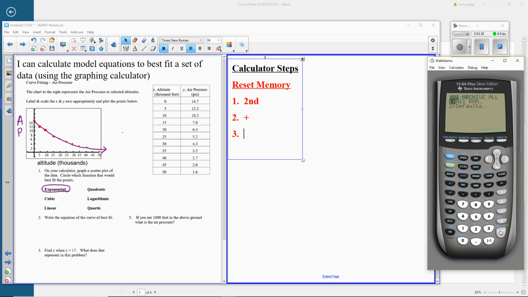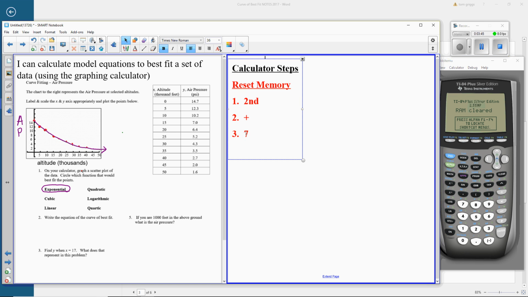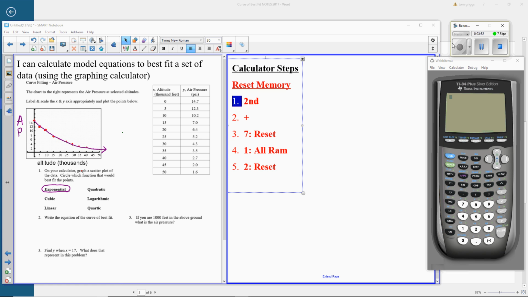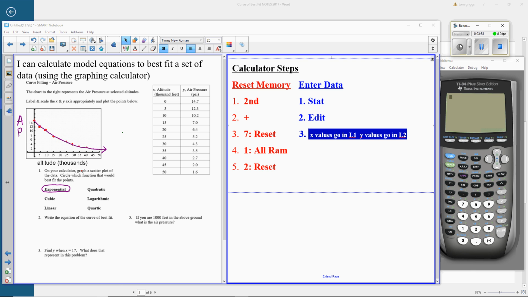We're going to reset all RAM, and then choose number 2. So write those steps. Second, plus sign, and then it's 7 for reset, and then 1 for all RAM, and then 2 for reset. And then we're ready to enter the data.